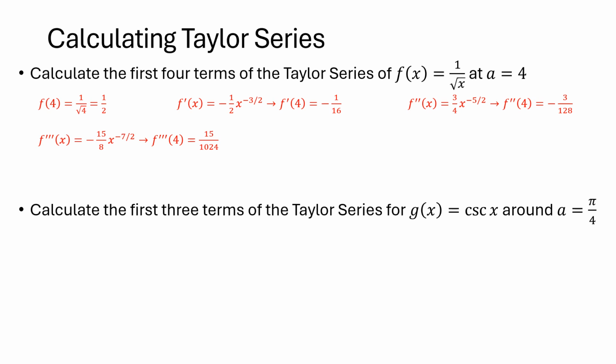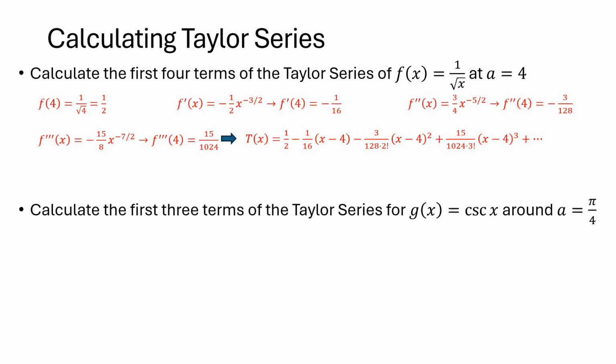Now, we're going to plug that into our formula, where we're going to take each of these and divide it by n factorial. Or in other words, n factorial is going to go in the denominator. And then we're going to take x minus 4 raised to the corresponding power, noting that x minus 4 to the 0 power is just 1, and x minus 4 to the first power is just x minus 4.